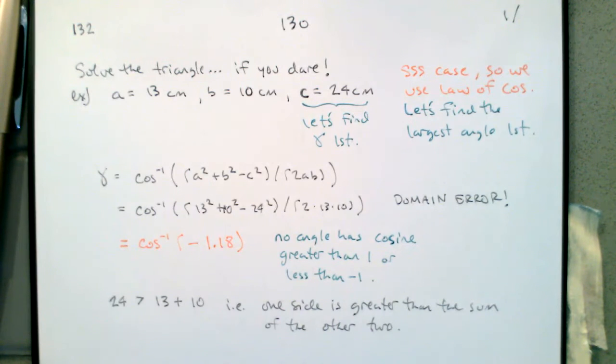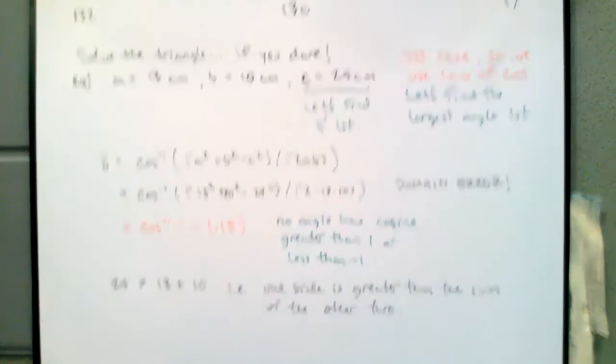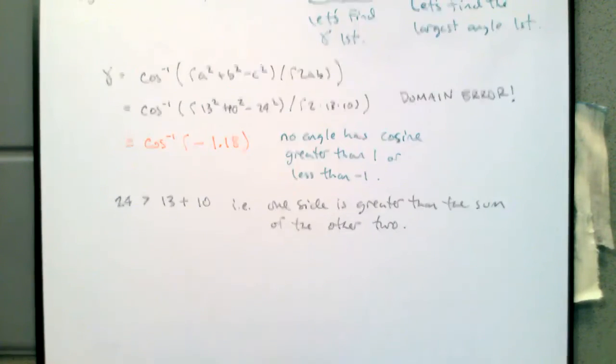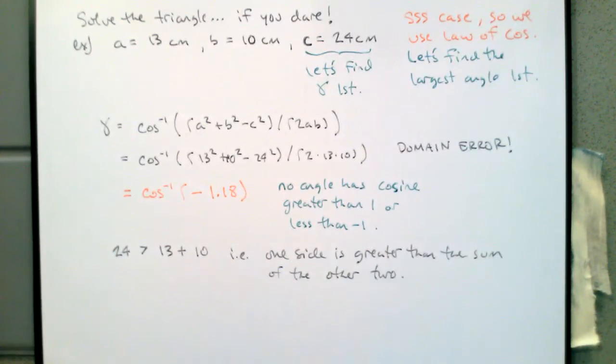This is a recipe for not making a triangle, because side A and side B have to make some kind of angle.